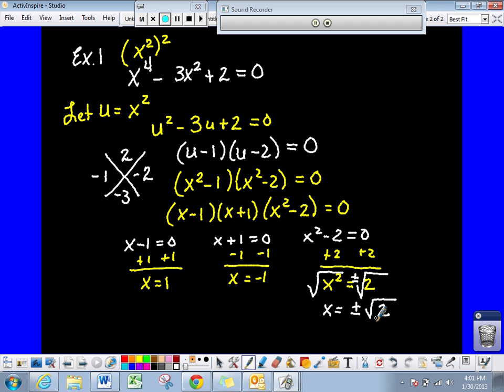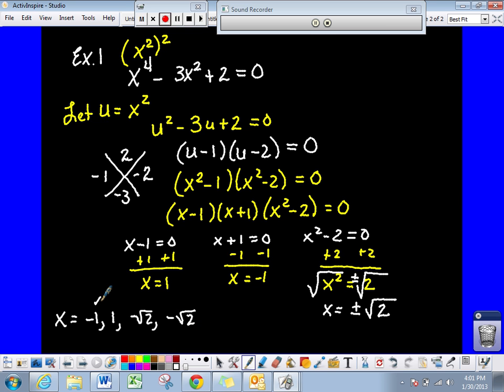Okay? So when we're done, we've found our real solutions. Our real solutions are 1 and negative 1, plus and minus the square root of 2. So x equals negative 1, 1, square root of 2, and you don't really need to put the plus there, it's understood to be a plus, and negative square root of 2.